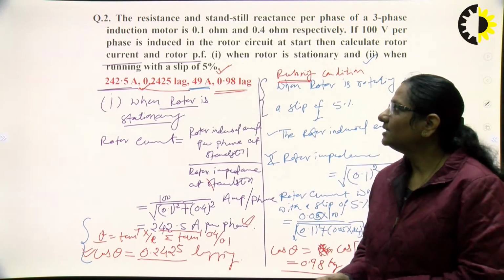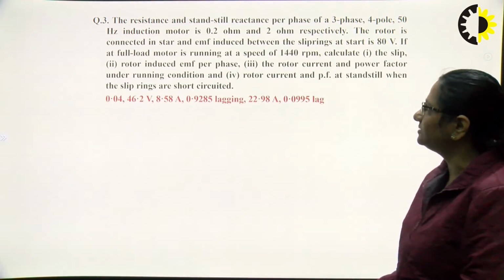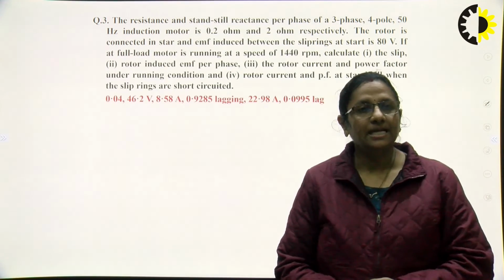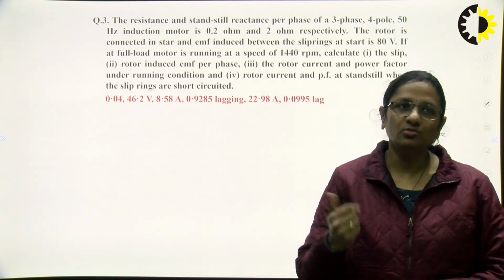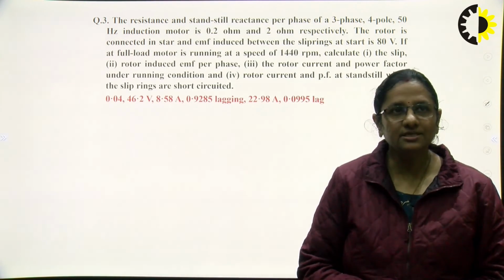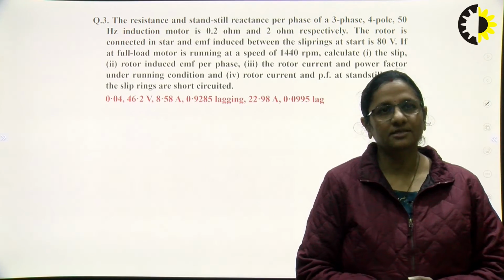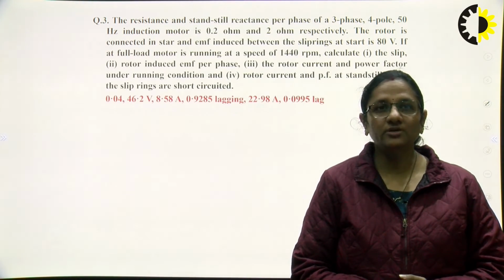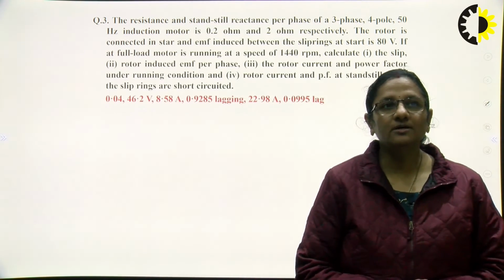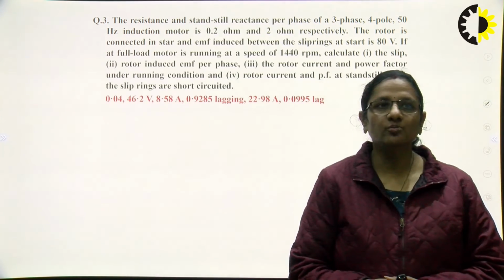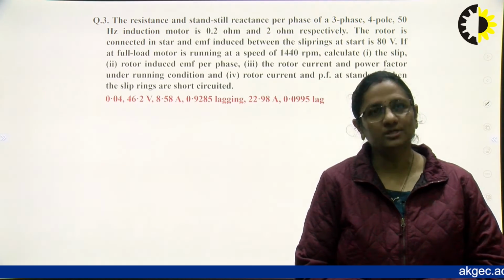Now, let us move to the next question. Let us first try to understand what the question is asking. The resistance and standstill reactance per phase of a 3-phase 4-pole 50 Hz induction motor is 0.2 ohm and 2 ohm respectively.